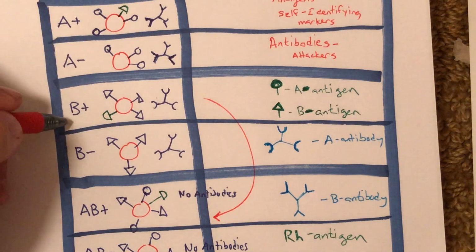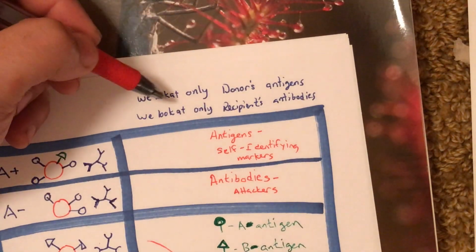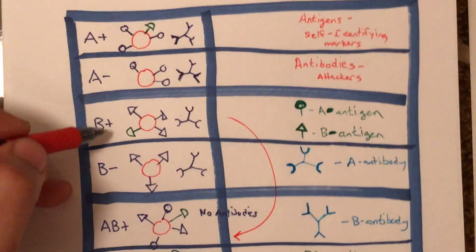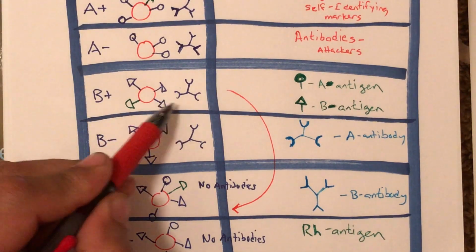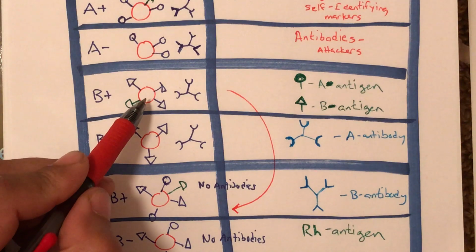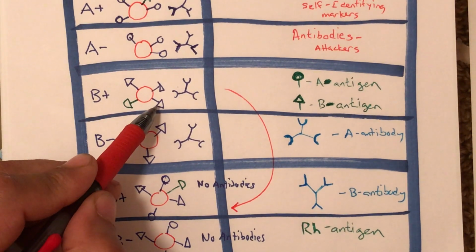Well, let's look at the donors. This would be the donor here. Let's look at the donor's antigens, and we look at the recipient's antibodies. We're not going to give both of these. We're only giving the red blood cells, the antigens. These are triangular. These are B antigens.